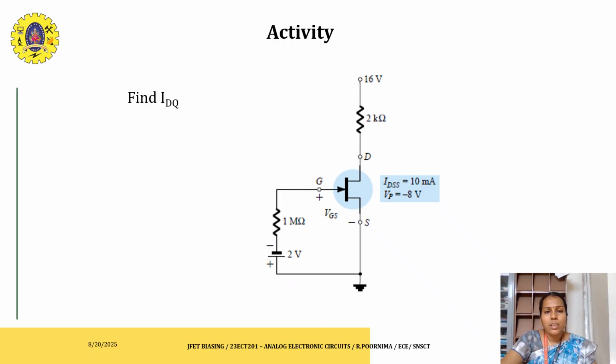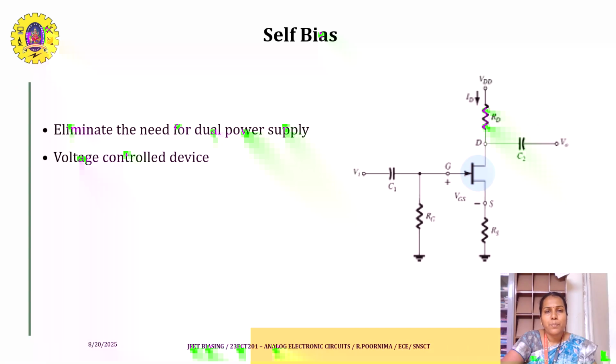This is an activity. For the given circuit, we need to find the quiescent current, which is the drain current value IDQ. By applying KVL for the drain to source circuit, we can find the IDQ value.